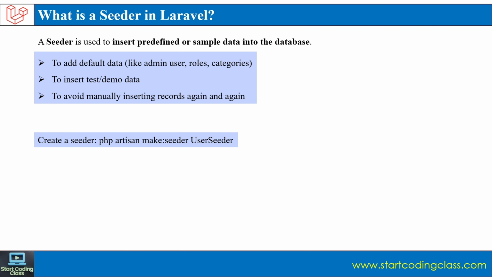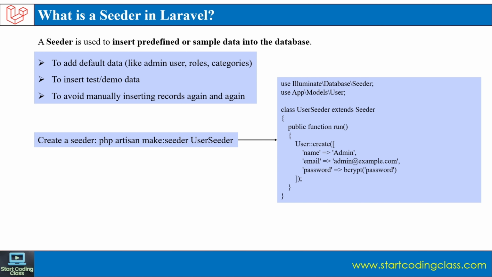The correct way is you need to create a seeder in Laravel. The command for the seeder creation is php artisan make:seeder and whatever name you want, UserSeeder, AdminSeeder, whatever you want. So when we hit this command in our command prompt, this will generate a file called UserSeeder with this structure.